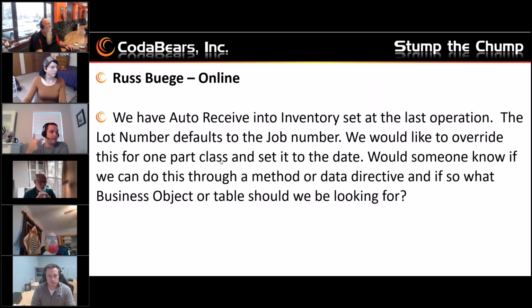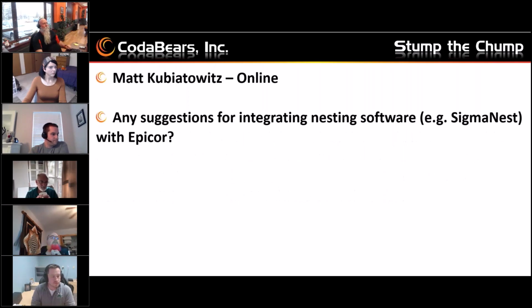We're spinning up a new lot number for that part and attaching it to the receipt. But you can do something else if you like with the same concept. I put Jose's snippets in the chat there for everybody. And that's in an In-Tran data directive in Part Tran.